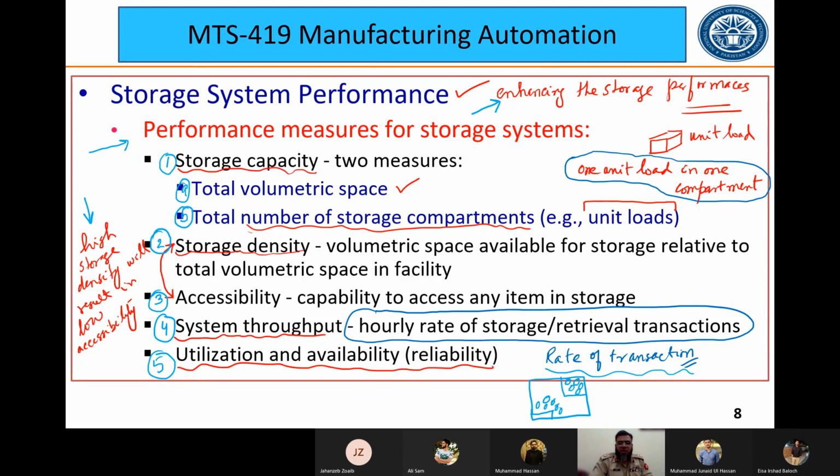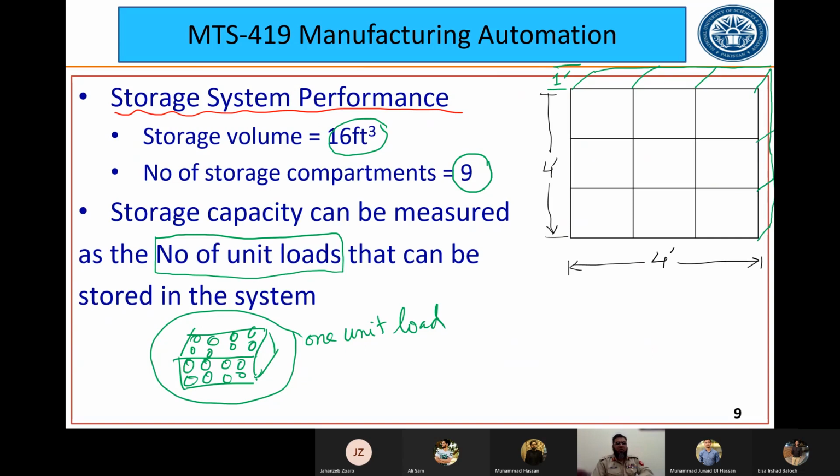All right, so let us move forward and now talk about the storage capacity. We have discussed earlier that the storage capacity is defined in terms of the number of loads which can be stored. So this is the storage capacity. Let us say that we have 9 storage compartments here.